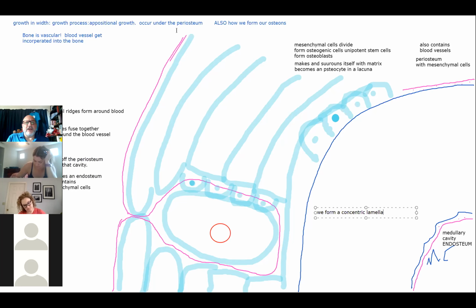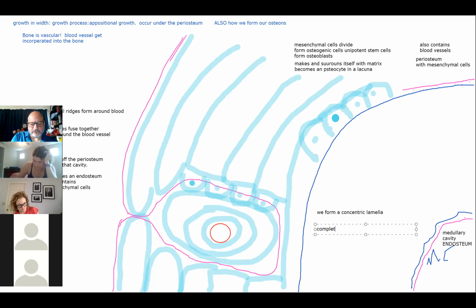And is there still periosteum in there? Yep. And does it still have mesenchymal cells? Yep. So it forms another concentric lamella and another concentric lamella until it has completely surrounded the blood vessel with concentric lamella.